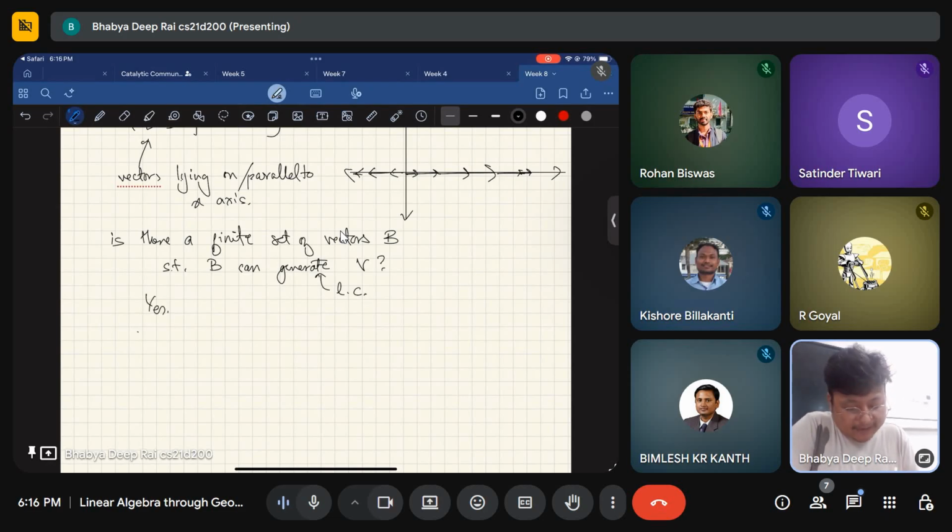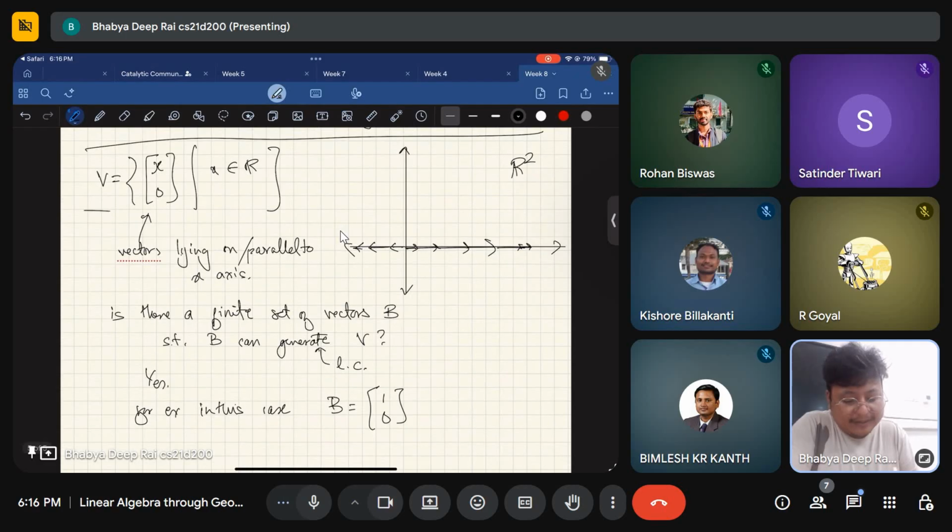For example, in this case, B is (1, 0), because on doing scalar multiplication, just give me any vector in this vector space V. On doing scalar multiplications or additions, I can generate any vector in this vector space.